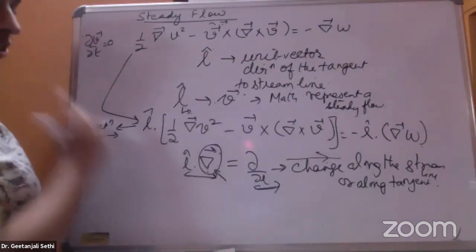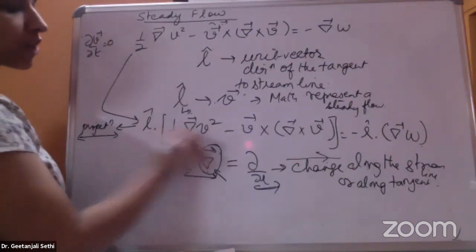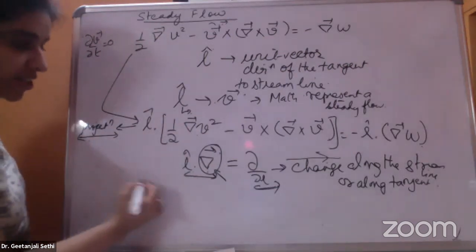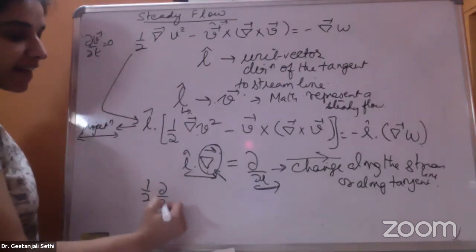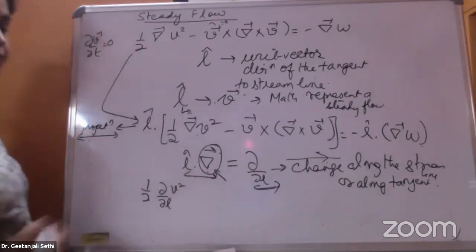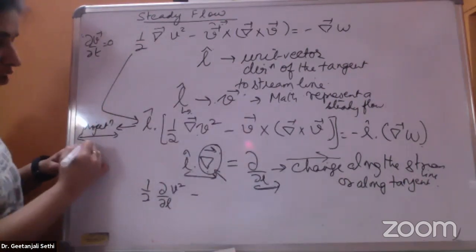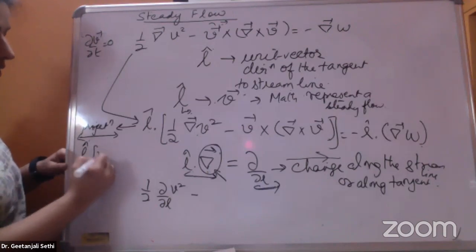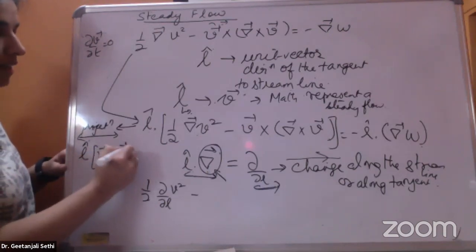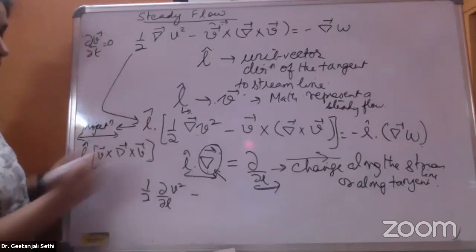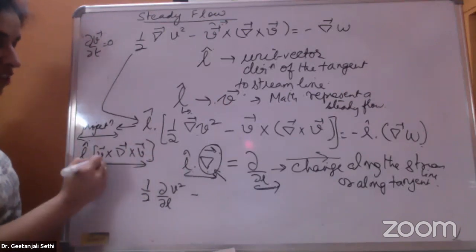Right? So when I take the dot product with the first quantity, what will I get? I get half del by del L of V square. But what happens to the second term? When I take the dot product of L with V cross curl of V, what is the direction of this vector?